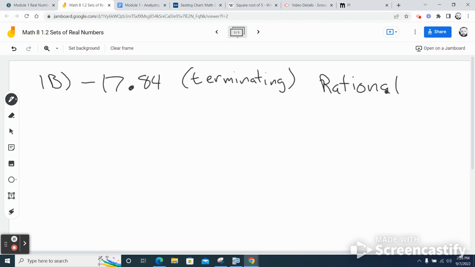Okay. Now, for integers, is it an integer? No, it's not an integer. How come?